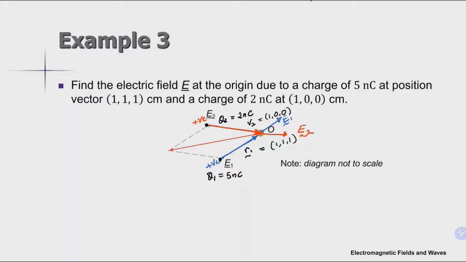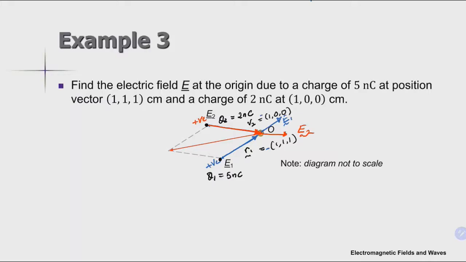So if I define this as my vector R1, then this R1 will be negative of the 1, 1, 1 vector. Similarly, if I define this as R2, this will be negative of 1, 0, 0. Okay, so 1, 0, 0 is from the origin pointing to Q2.